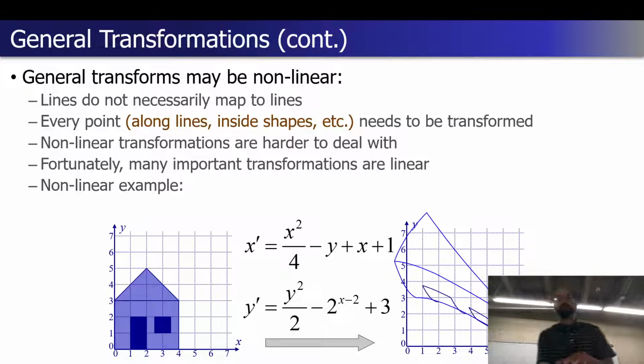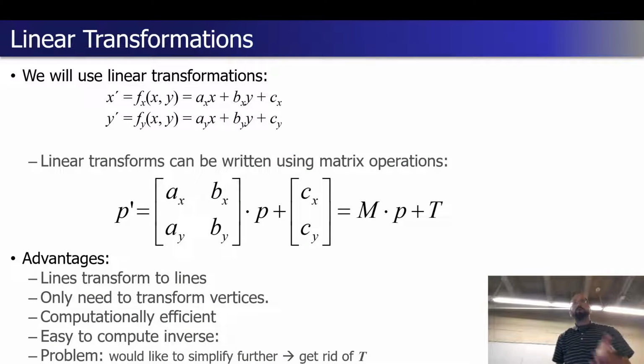In general, we don't need to do that to get the type of 3D manipulation we want for rendering a scene. So fortunately, while we will use linear transformations, it's not really a compromise. It is giving us the kind of effects we are generally interested in seeing here: our translations, our rotations, our scaling, our reflections, and our shears.